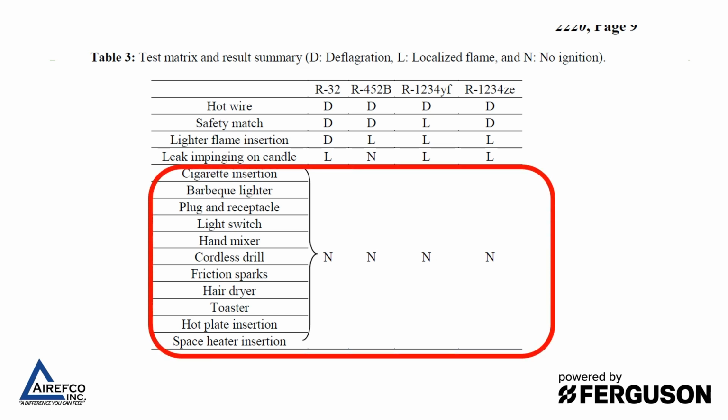They inserted a cigarette, a barbecue lighter, a plug and receptacle, a light switch, a hand mixer, a cordless drill, friction sparks, hairdryer, toaster, hot plate insertion, or a space heater. And they were not able to produce a flame with an R454B refrigerant by using these types of ignition sources.